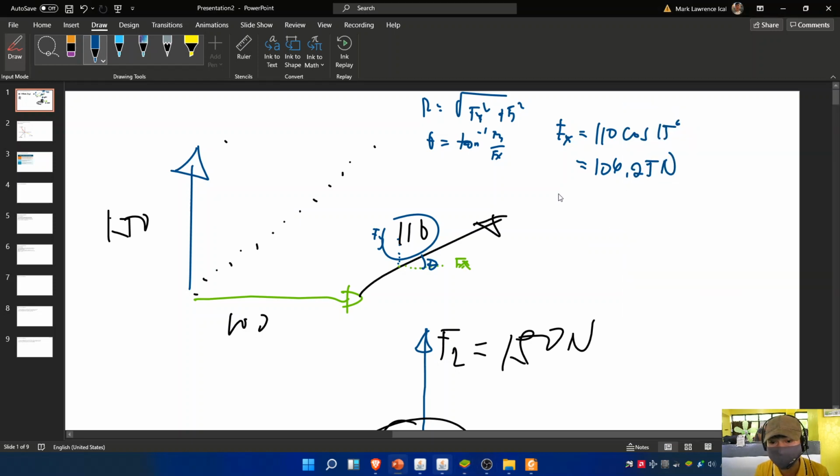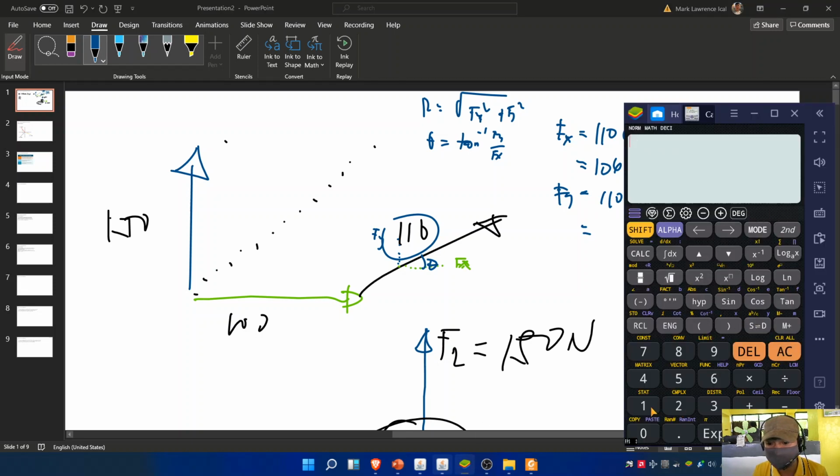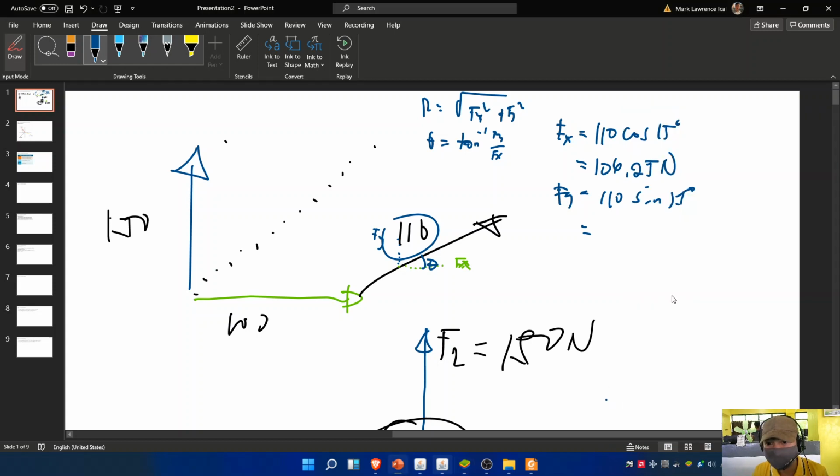Huwag kakalimutan ng ang unit. And our f of y is 110 sine of 15 degrees. Okay, so that's 28.47.